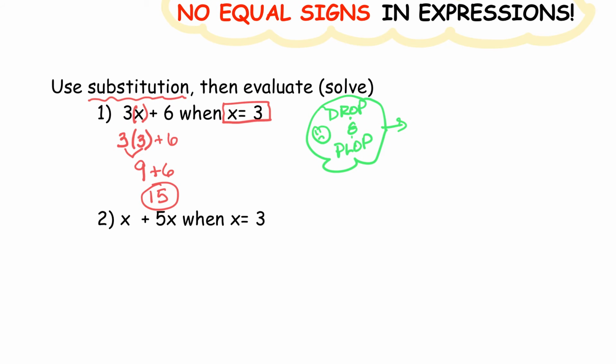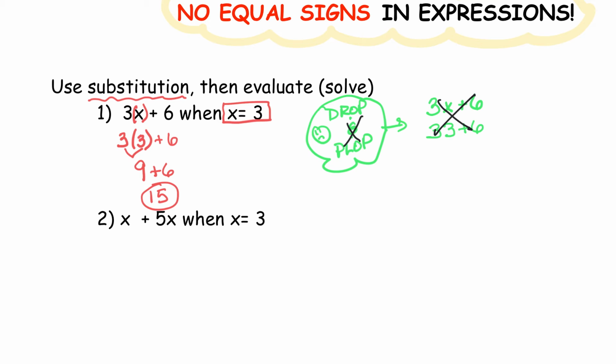Sometimes boys and girls will say, well, it's 3x plus 6, and I see that x is equal to 3. Oh, I know this. And what they do by mistake is drop the 3 in for the x, and make it 33 plus 6. That is not correct. That is what we call a drop and plop. You definitely do not want to do that.